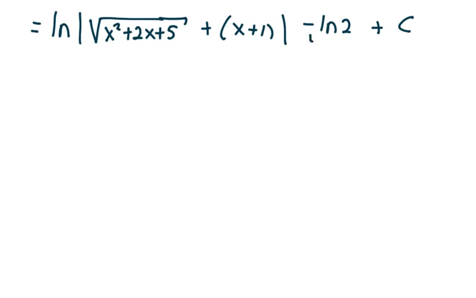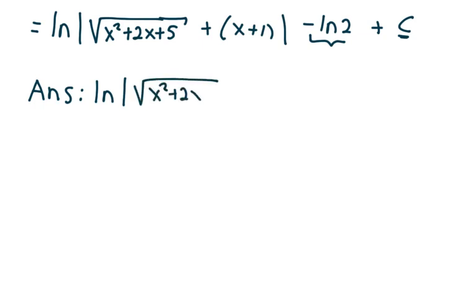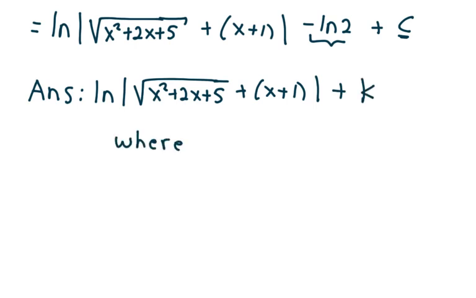But that negative natural log of 2 can get absorbed into that c. And so the answer here is natural log of the square root of x squared plus 2x plus 5 plus x plus 1, plus k. And this is where k is equal to c minus natural log of 2.